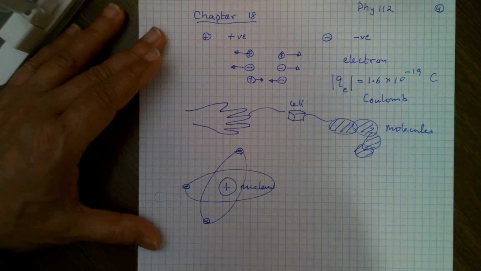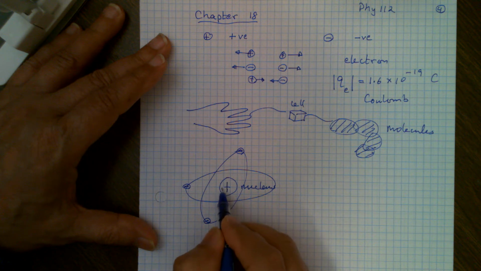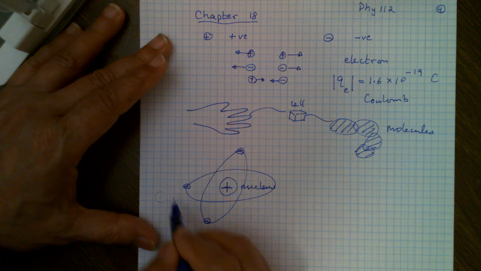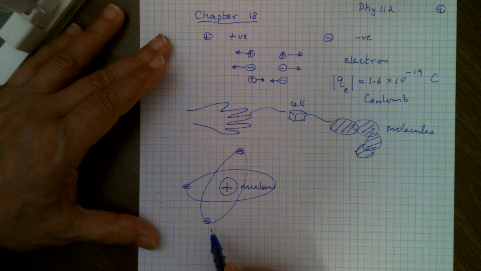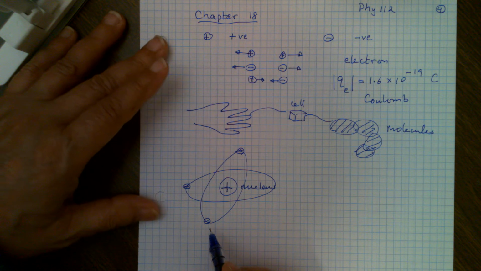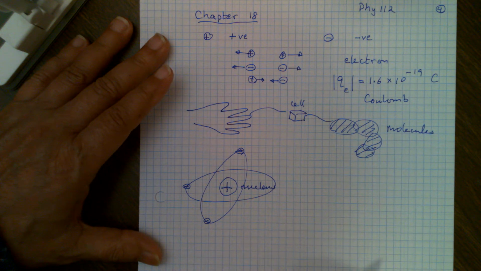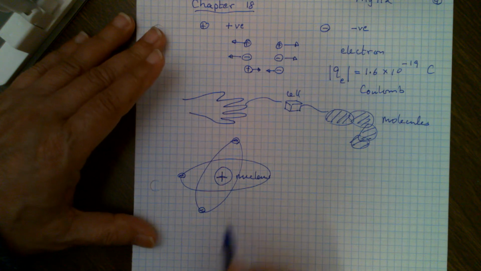Okay, so I'll draw only two. In general, the amount of positive charge and the amount of negative charge are the same, so that atoms are basically neutral, so that you will not get electrocuted all the time. But of course, you can remove some of the positive charges or some of the electronic charges, then you will have, for example, some ionized atom. But we are not going to talk about that right now.